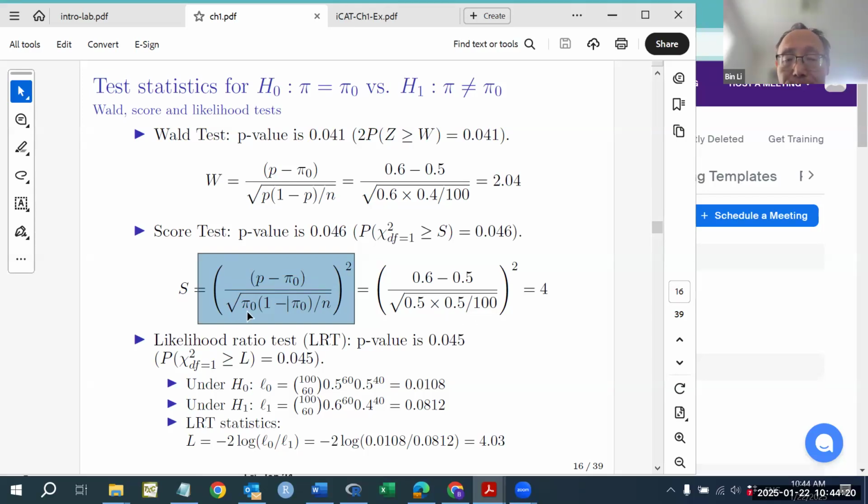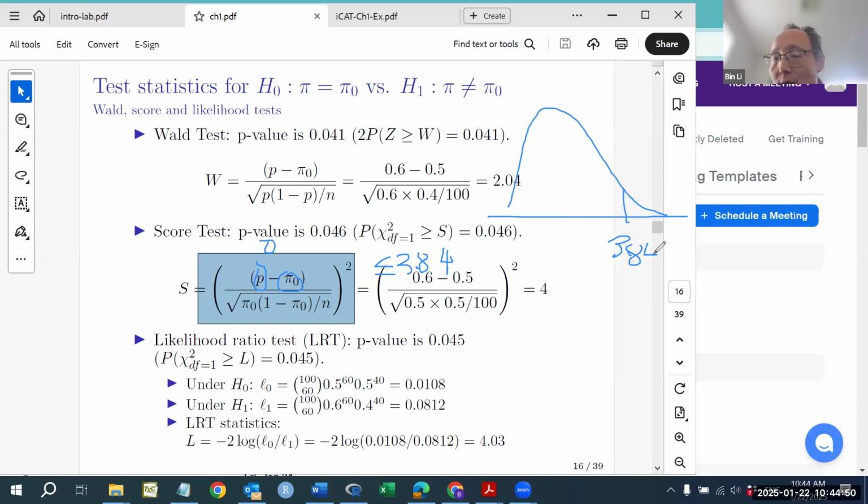Here p is 0. But the set of pi 0 is such that this statistic is less than or equal to 3.84, because 3.84 is the cutoff for the chi-square with 1 degree of freedom, such that the area on the right side is 0.05. So that's the critical value.